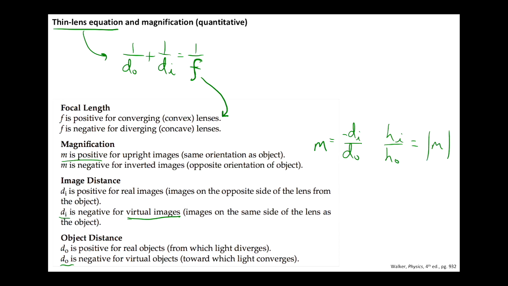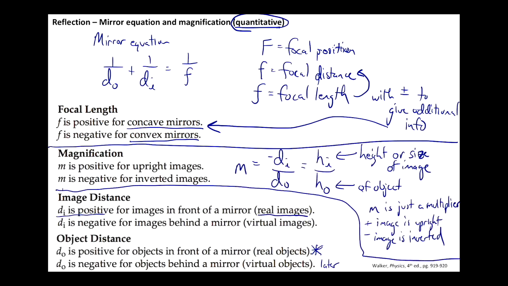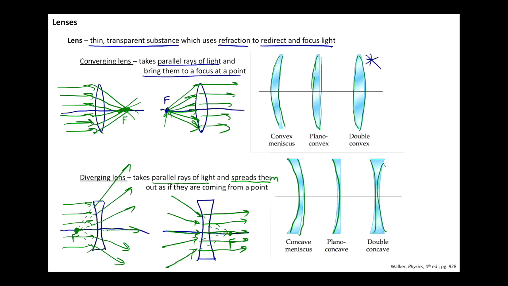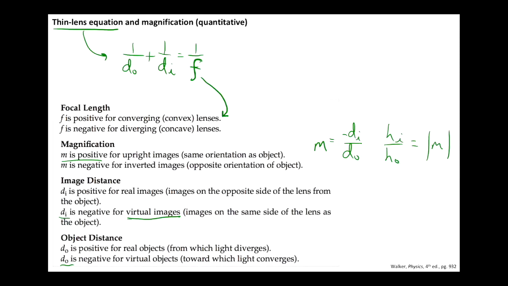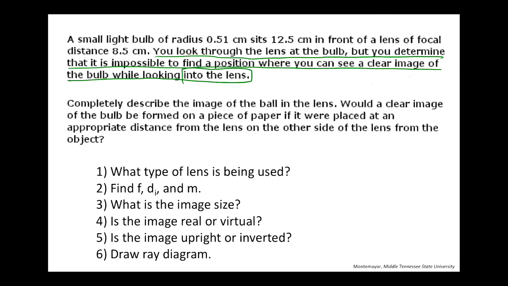Thank you for pointing that out. Good call. Same for mirrors. So let's go back and fix that. My fault. Let's go here and do this. Get rid of that. There we go. Okay? So negative DI over DO for the magnification is what tells you inversion information, and you get nothing from HI over HO.